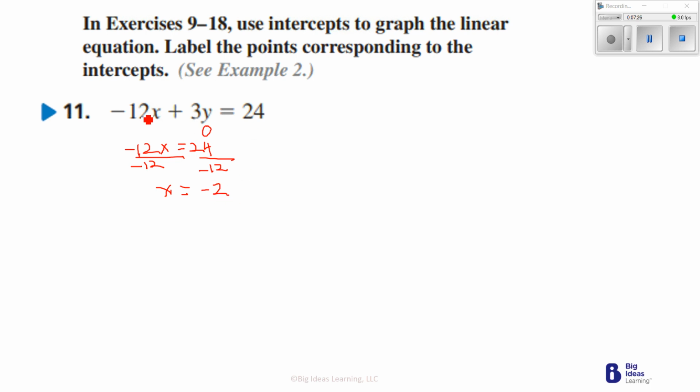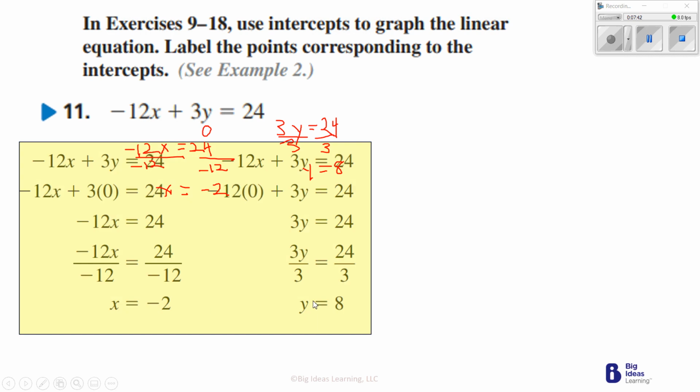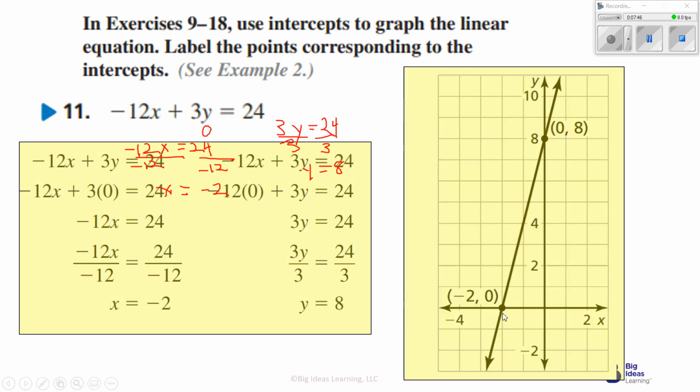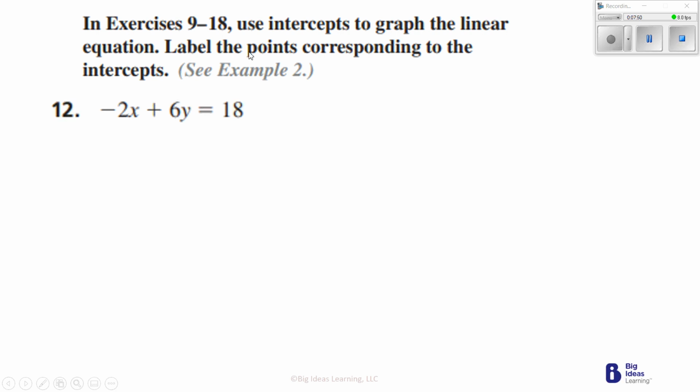And then of course, if x is 0, that will give me 3y is equal to 24, which means I divide by 3, and y has to be 8. So y is 8, x is negative 2. When I graph this, I'll have x at negative 2, y at 8. All right, let's go to number 12.